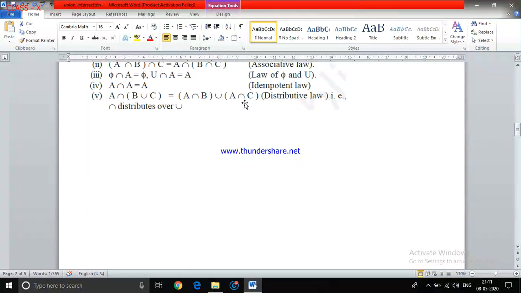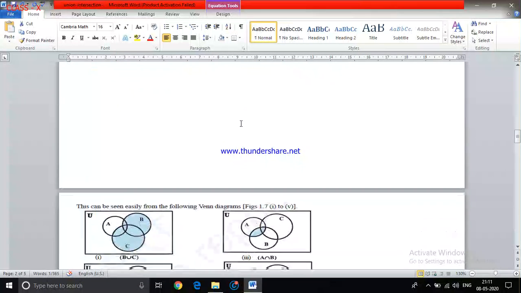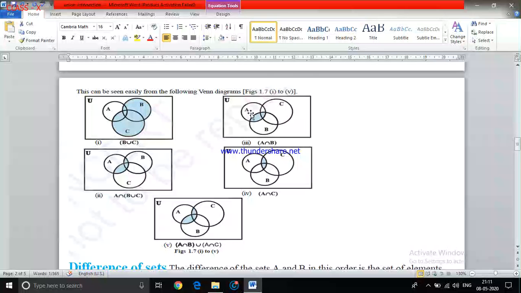That means I have to take the A intersection B part as well as the A intersection C part together. If I combine both parts, this is the diagram which you get.